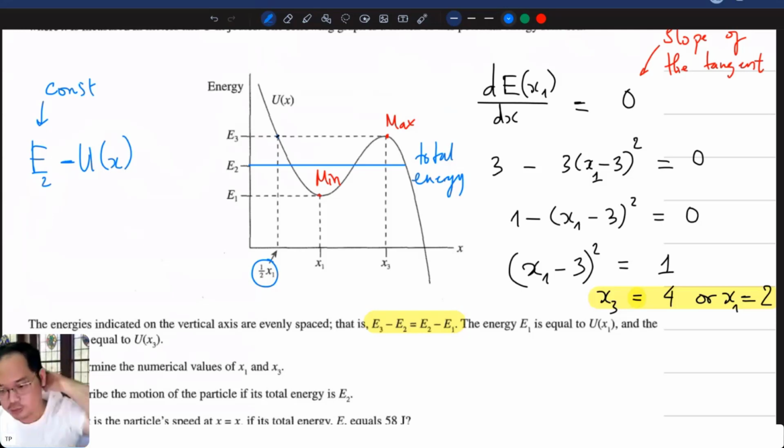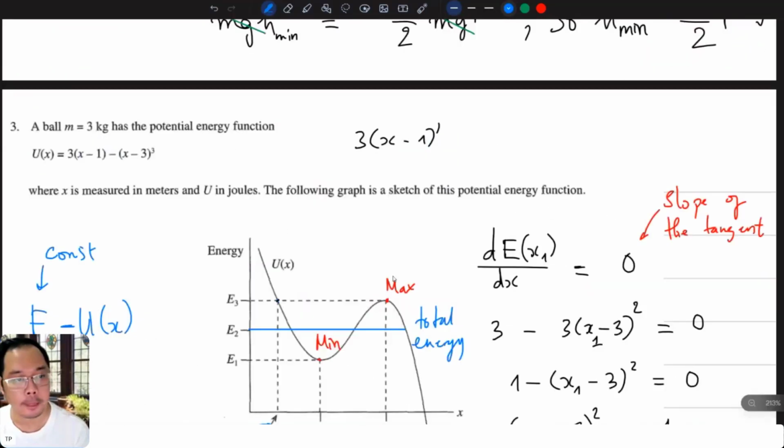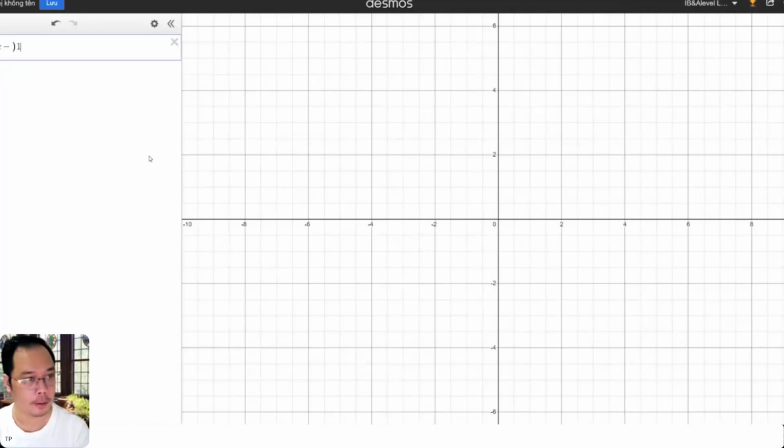Let me illustrate that on the desktop, and then I should take a screenshot and put it in. Changing the share screen. Here, the energy function is 3 times (x minus 1) minus (x minus 3) cubed.